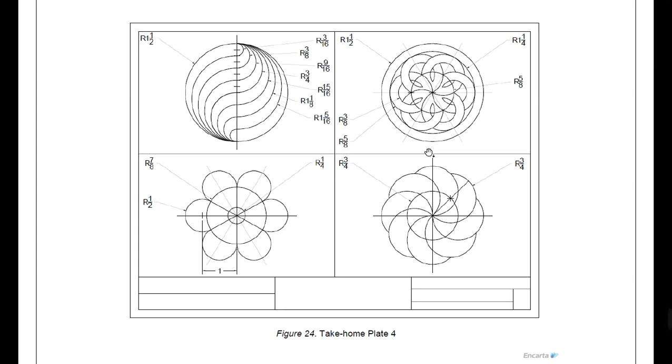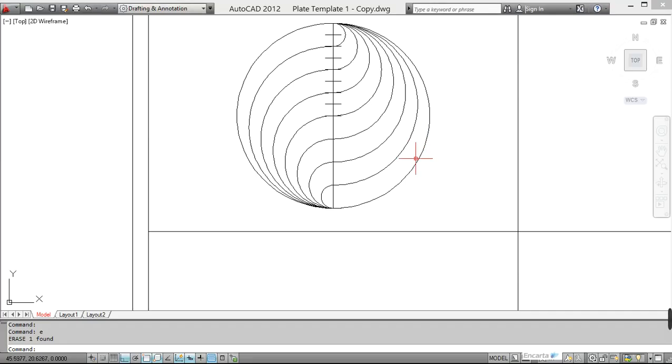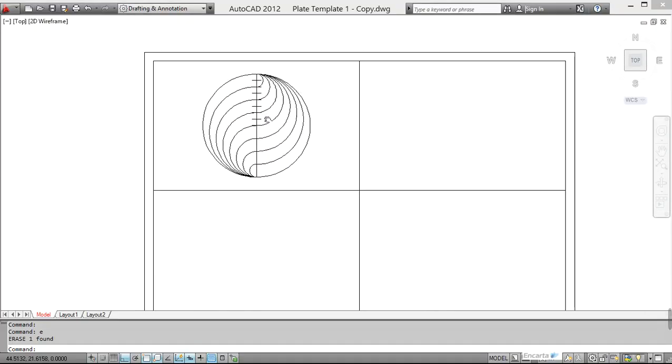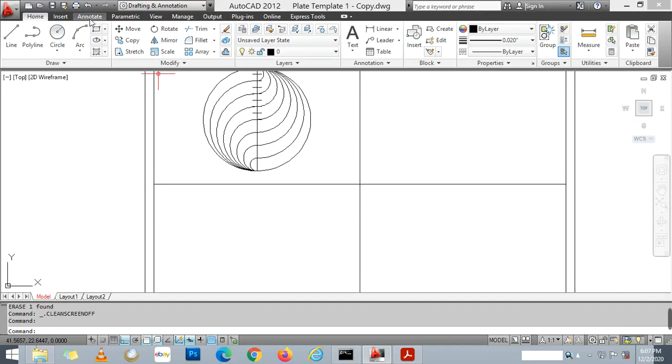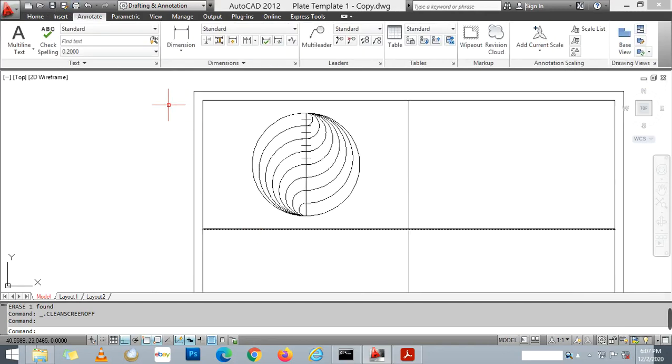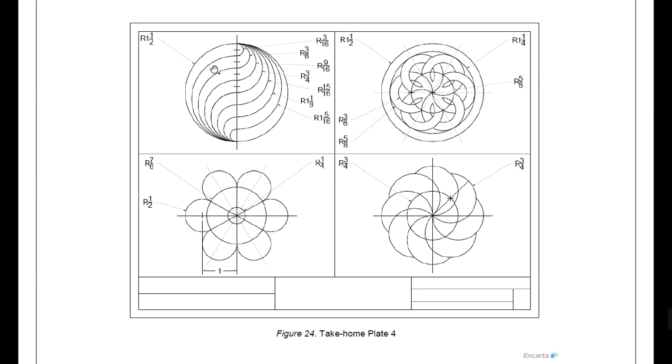Okay, that's it. And the next thing to do is to put dimensions. So again, in manual drawing, you just directly draw these lines, the dimension lines, then these dimensions.